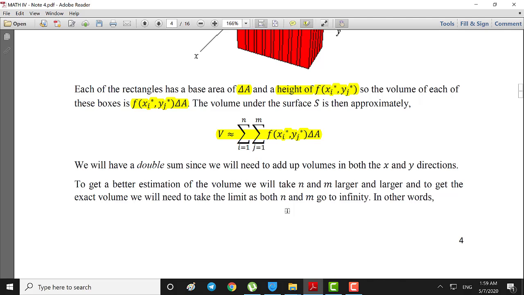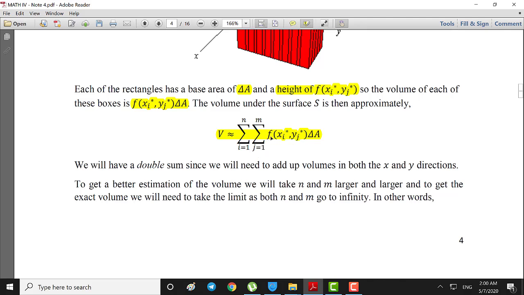Here we have a double sum because we will need to add up volumes in both x and y directions, right? We had n subintervals in the x direction, so we have a sigma with i changing from 1 to n, and we had m subintervals in the y direction, so we have a sigma with j changing from 1 to m.